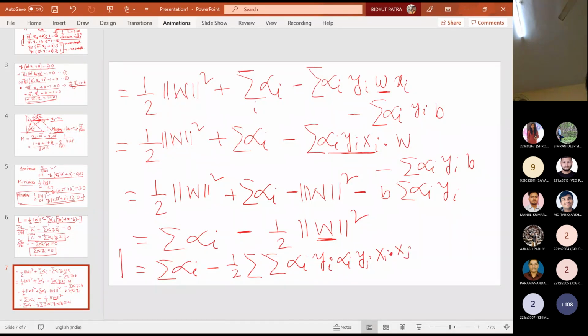Now we have this. From here we have to find the value of alpha, that is the Lagrangian multiplier, because we know the samples xi, yi, we know their coordinates. So now the problem comes down to solving this equation.